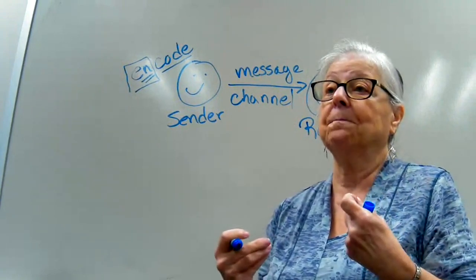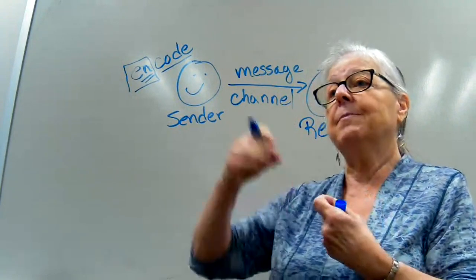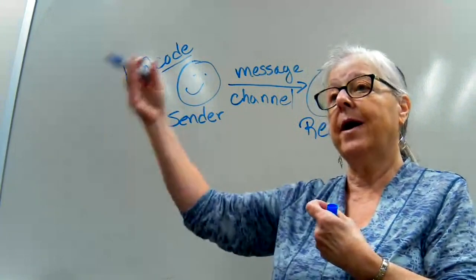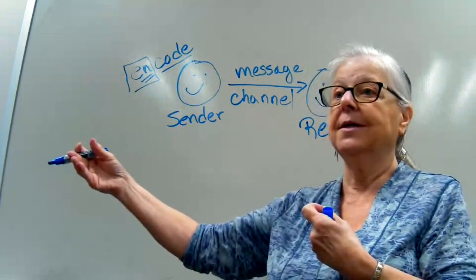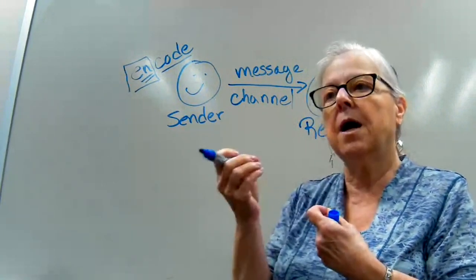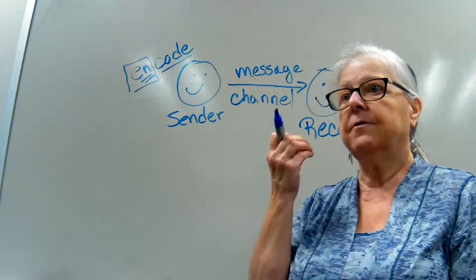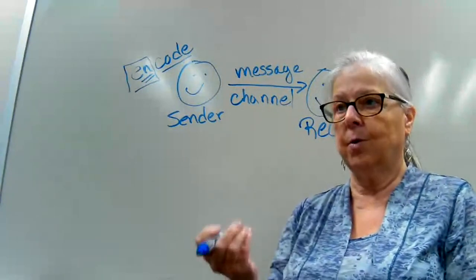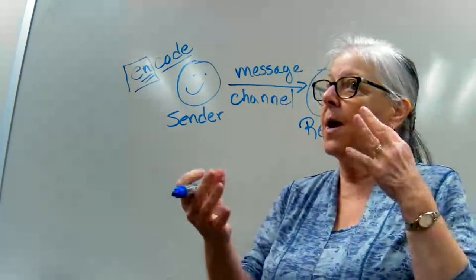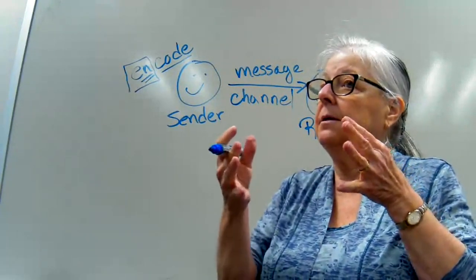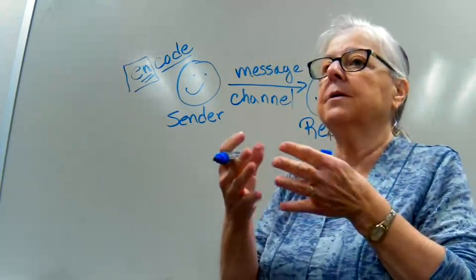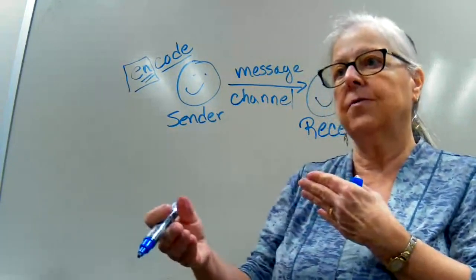Even though they may be sending it to a mother who has far more code, it doesn't matter. They can only operate with the limited knowledge of symbols that they have to work with. That's why it can be difficult at times because of language barriers and other kinds of things.